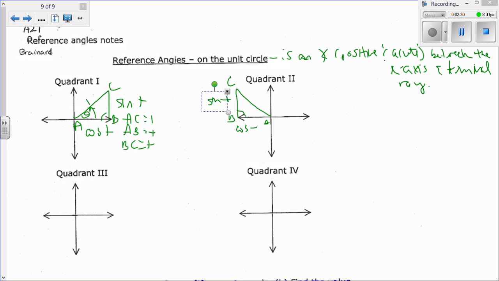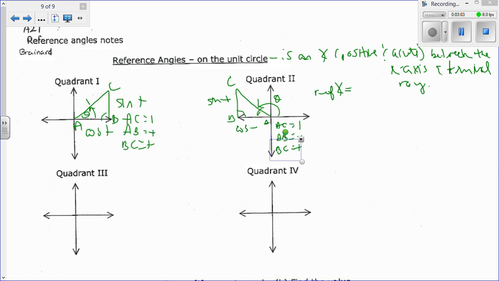So this is the positive acute angle, and this angle is actually theta. Okay, AC is equal to 1. AB is negative because it's going in a negative direction. And BC is positive.